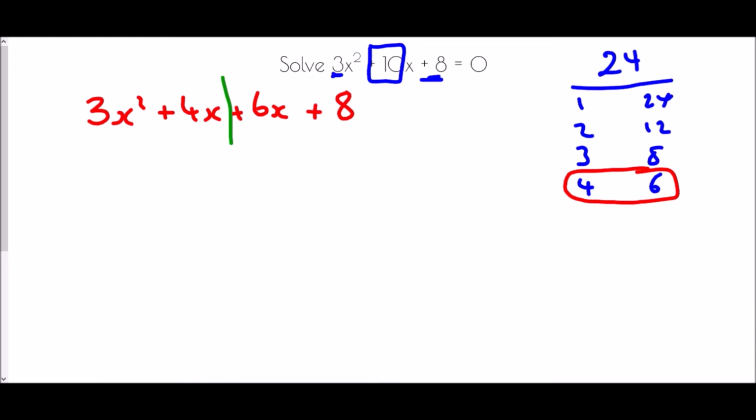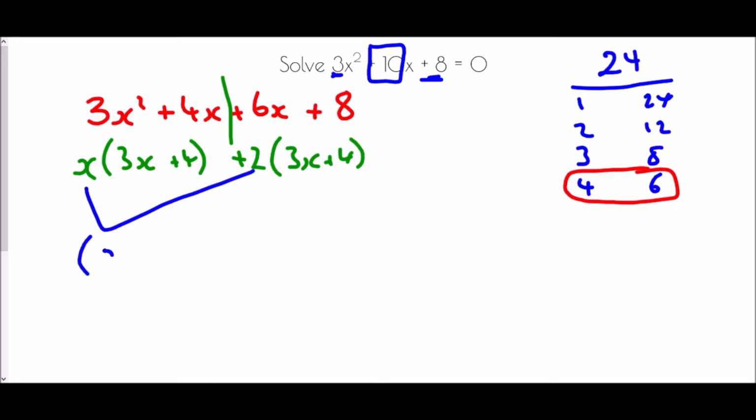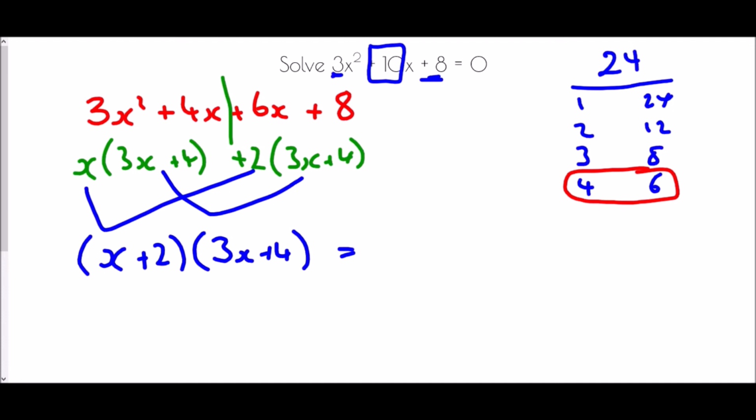The common factor between 3x squared and plus 4x is x, so it's x brackets 3x plus 4, and the common factor between 6x and 8 is 2, so that's plus 2 brackets 3x plus 4. We'll bring these two back together, so that's x plus 2, and the other bracket comes together as well, 3x plus 4, and so that's it factorised.